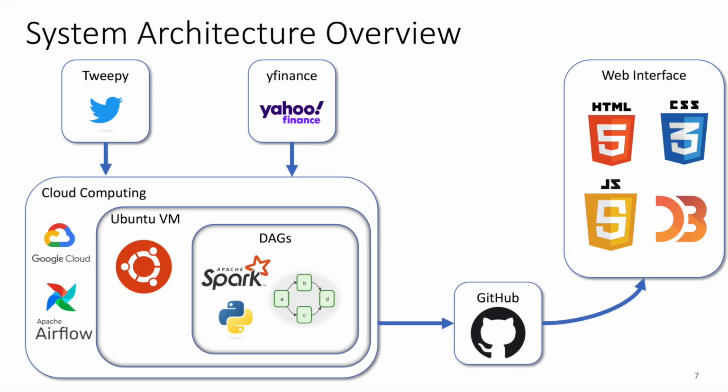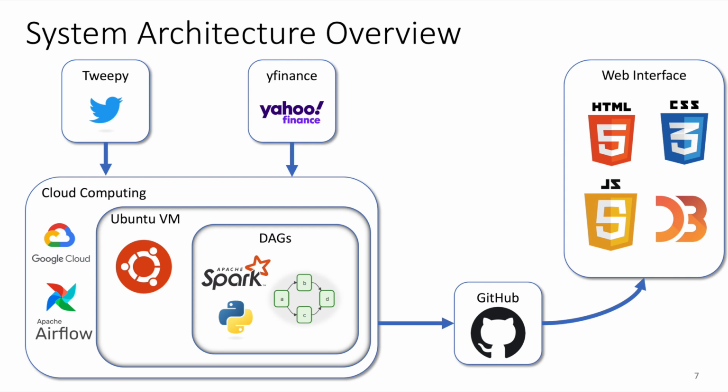The system architecture consisted of 4 major sections, which were the cloud computing backend for processing, the Tweepy and Y-Finance APIs for data acquisition, the GitHub repository for storage, and the front-end web interface platform.